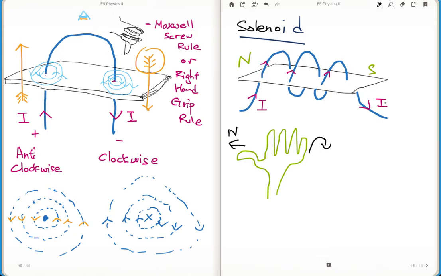It's all about the right-hand grip rule. All you need to do is look at the wire arrangement and follow it. Where's the current? Where's the positive? Obviously this is positive, this is negative. Current flows up, down, and then right-hand grip rule to determine where's the north pole.